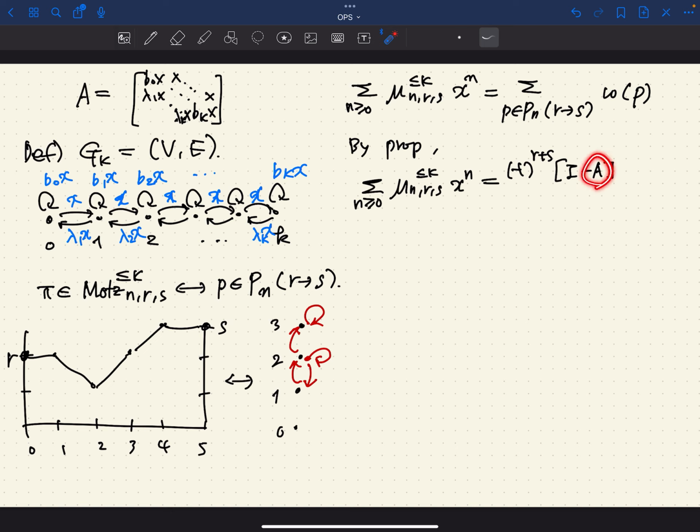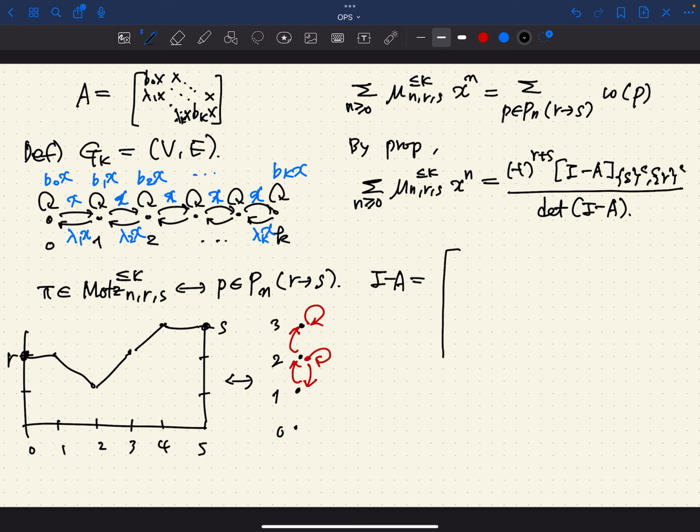So I'm using this matrix, R complement divided by the determinant of I minus A. Because we defined the matrix in this way, what is I minus A? Let me write it in the more recognizable way. The diagonal entries are 1 minus b0x, 1 minus b1x, and 1 minus bkx.